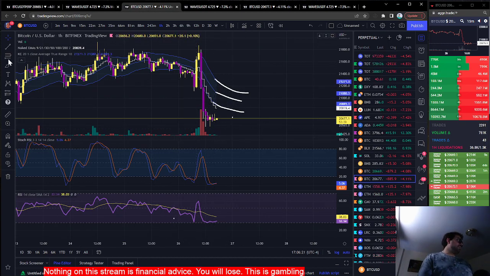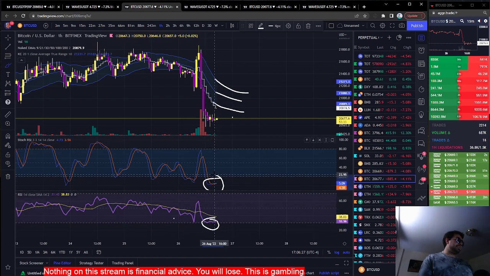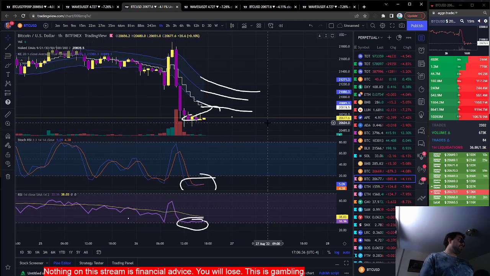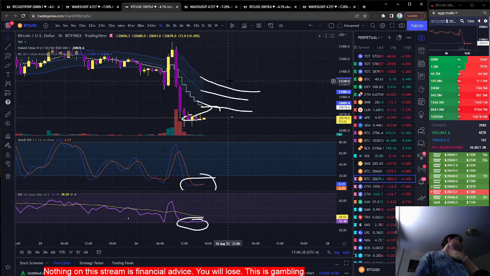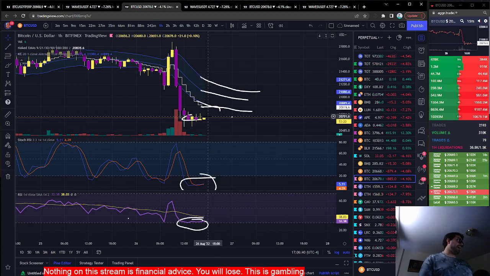Whenever you see a confluence of oversold RSI, or very close to oversold RSI or oversold stochastic RSI, and you're very outside of the Keltner channel, look at the distance: the farther the distance between your candles and the Keltner channel, the more likely you're going to bounce back in.